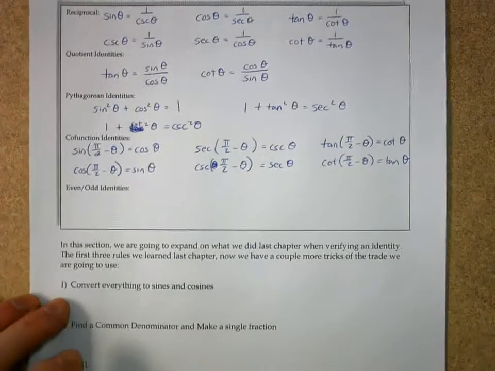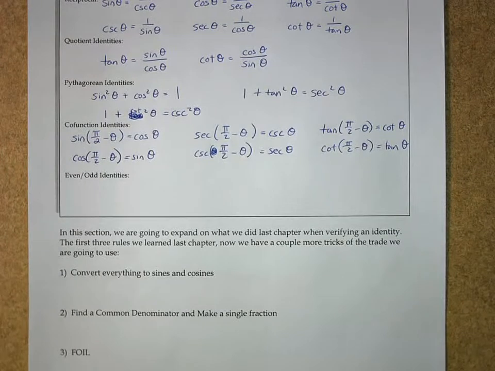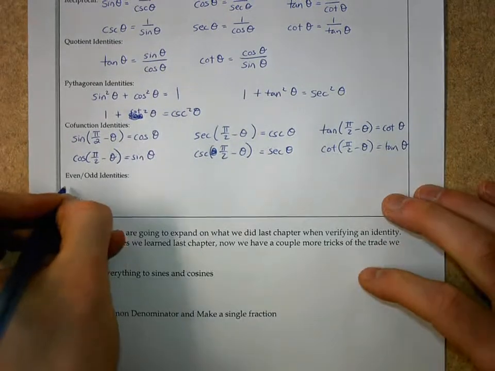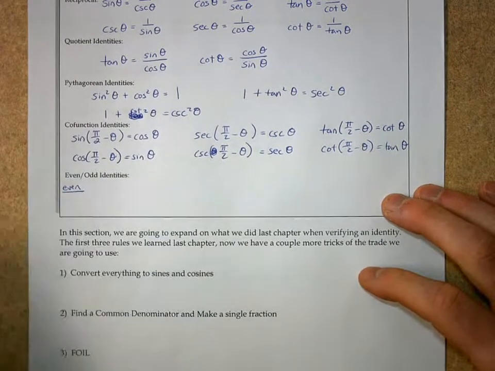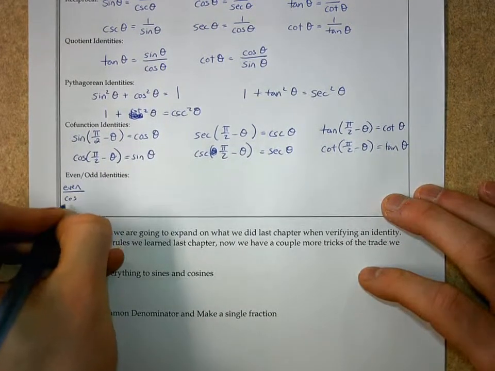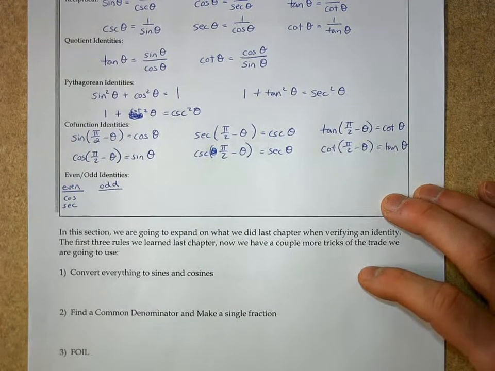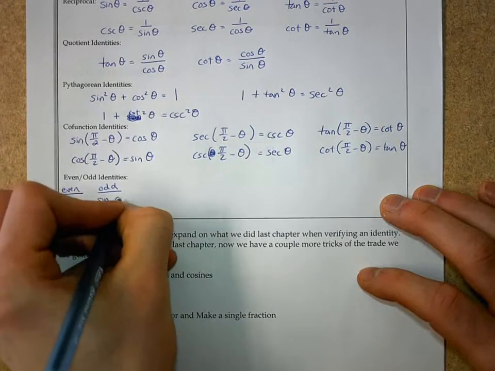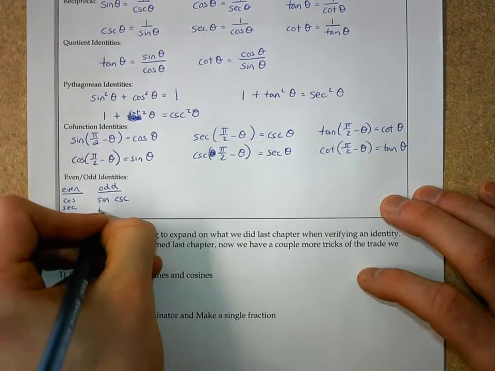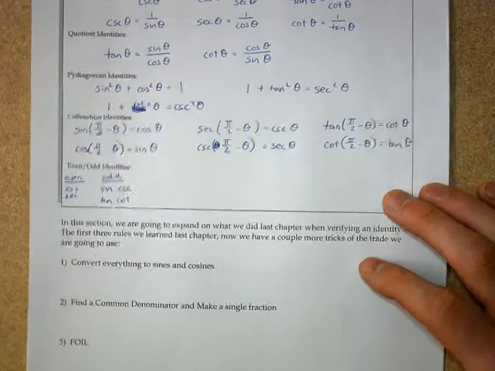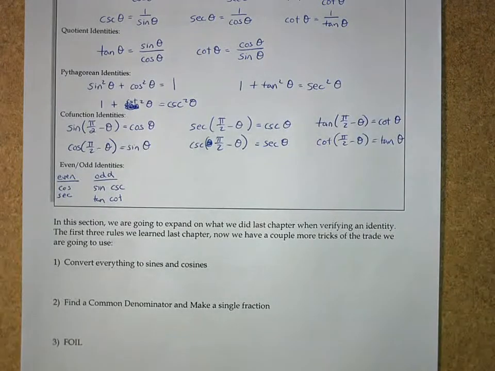The last group we had were even and odd identities. And we just had to remember which ones were even and which ones were odd. And with my trig functions, the ones that were even were cosine and secant. And then the ones that were odd were sine, cosecant, tangent, and cotangent.